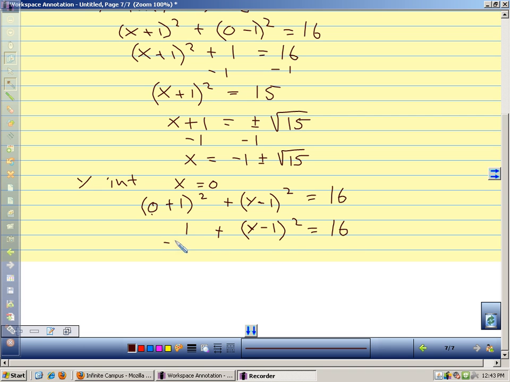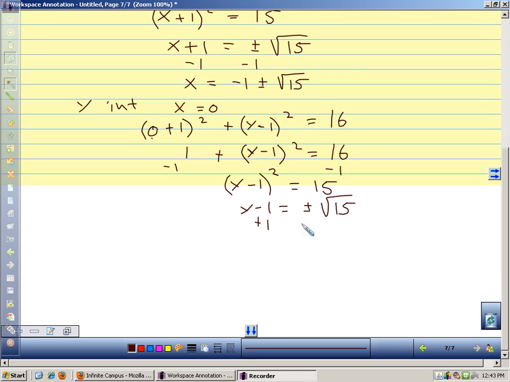equals 16. Subtract 1. I get (y minus 1) squared equals 15. Take the square root, so I get y minus 1 equals plus or minus the square root of 15.